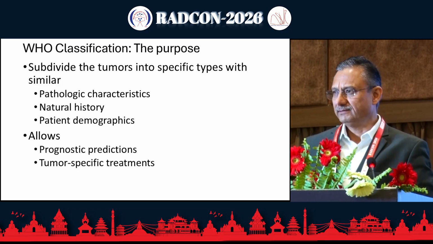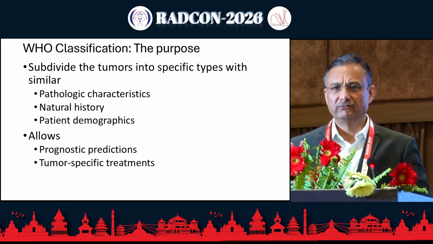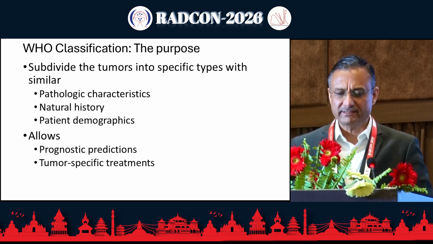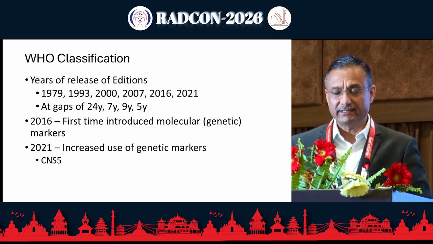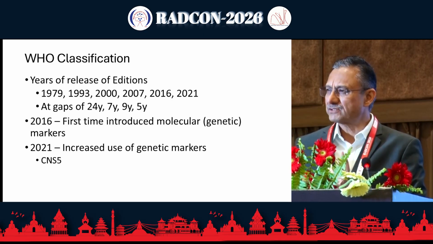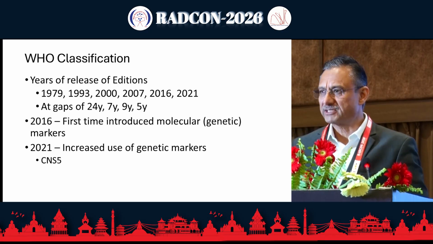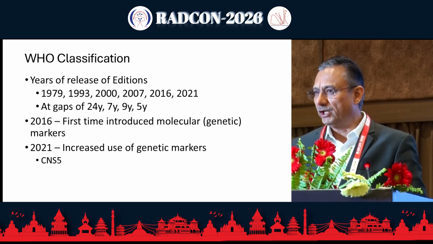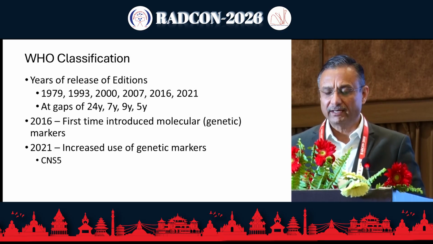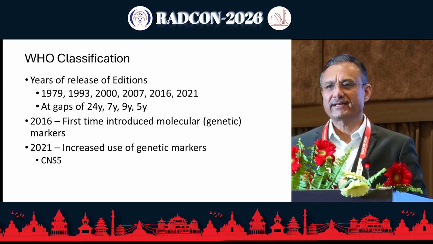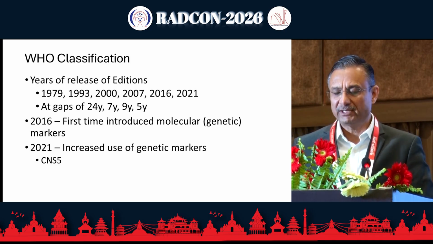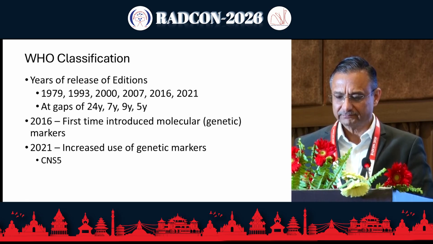Till date, there have been 5 versions of the WHO classification, started in 1979, primarily based on histology. As histology improved, immunohistochemistry came, and now that molecular genetics has come up, we are with CNS5, as they call it, the 5th edition, which came in 2021.